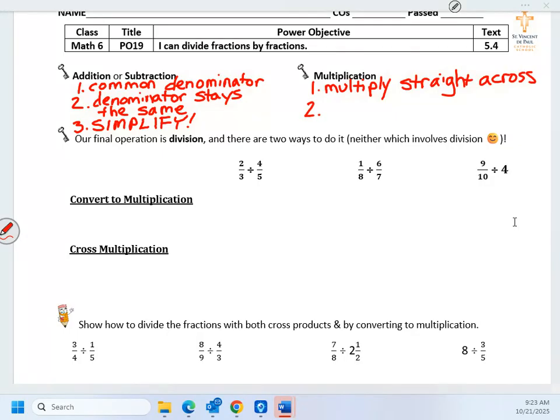And our last step is always what? Simplify. Okay, so we've got adding and subtracting, common denominators, only add or subtract the numerator, simplify. Multiplication, multiply straight across, simplify.